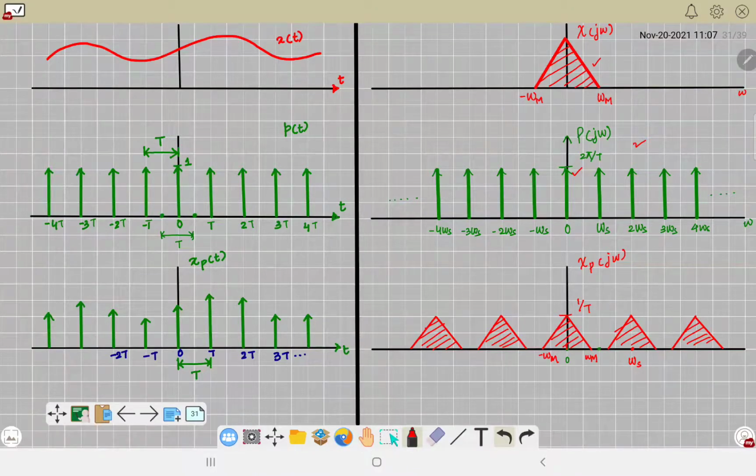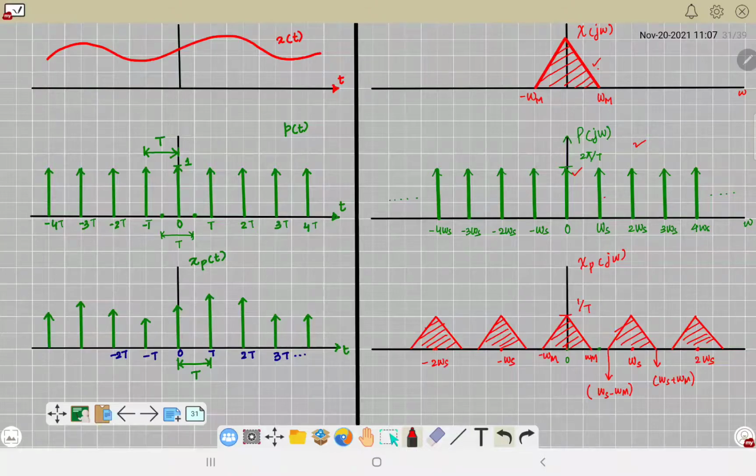Then this band from ω_s, this point here, will be ω_s minus ω_m, and this will be ω_s plus ω_m. This is multiplication of this band with this impulse. Similarly, this band will be located around 2ω_s. This will be minus ω_s and minus 2ω_s. Right?